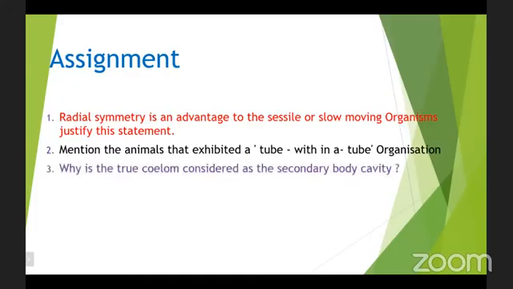Third question: why is the true coelom considered as the secondary body cavity? And fourth question: what are the retroperitoneal organs?